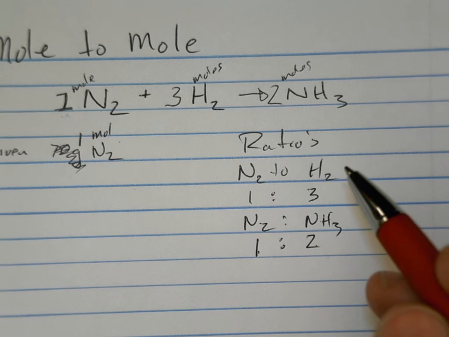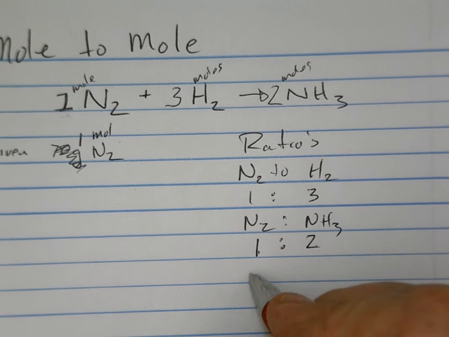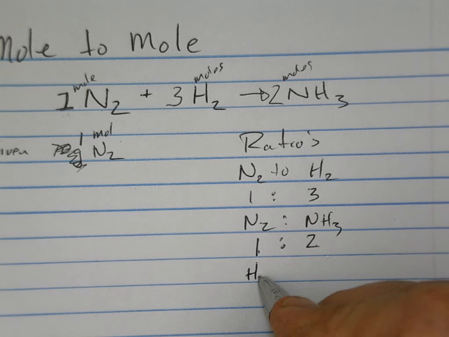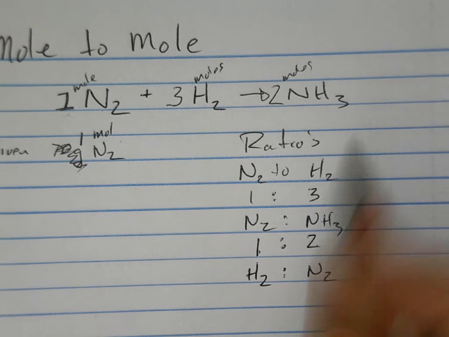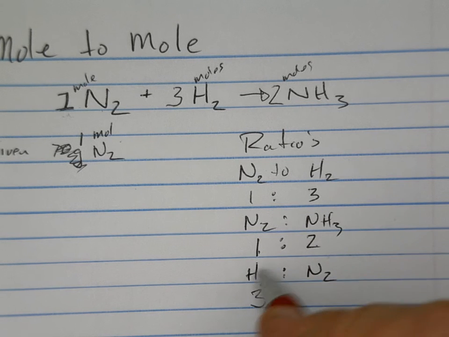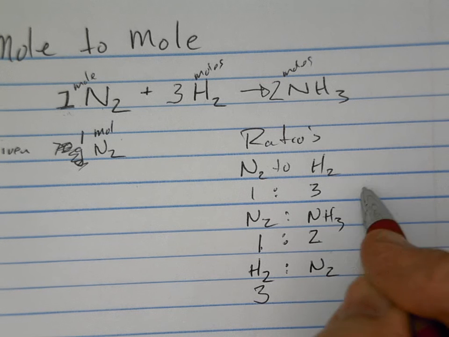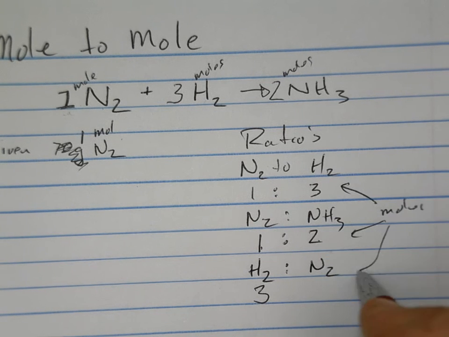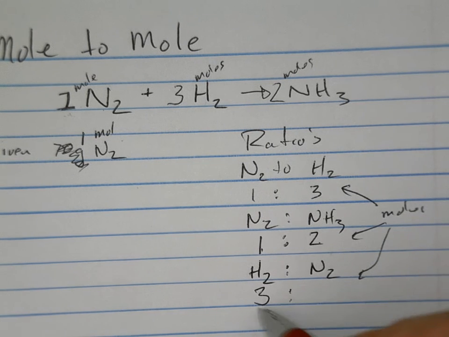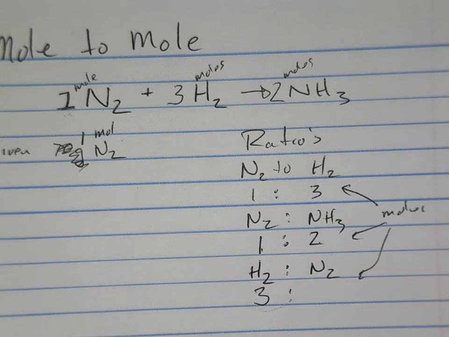And let's try this now. What's our ratio of hydrogen gas to N2? Well, for every 3 moles of hydrogen gas, now these numbers here are all moles, but we're turning them into ratios. And those ratios, we're going to end up turning into those conversion factor fractions.